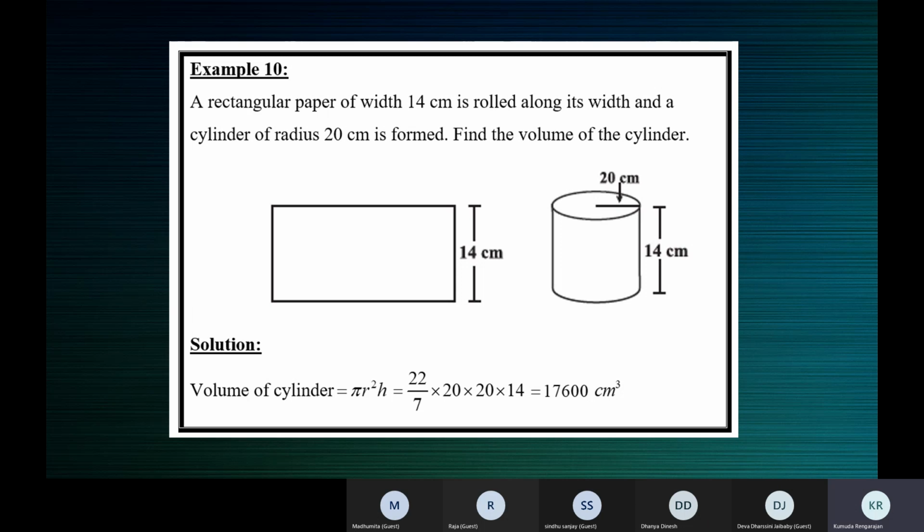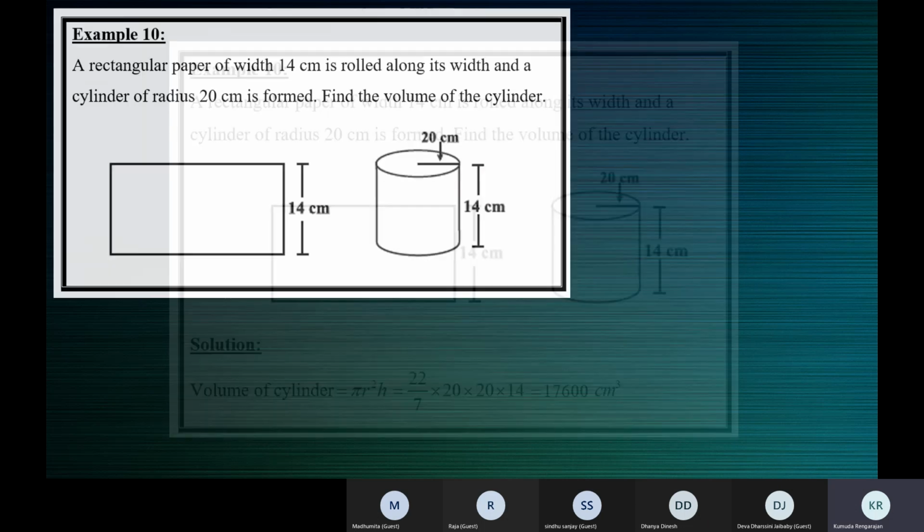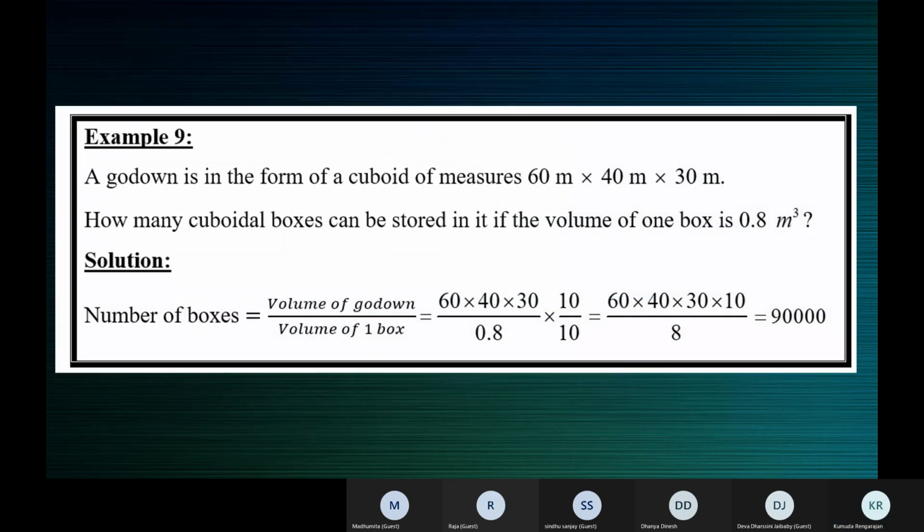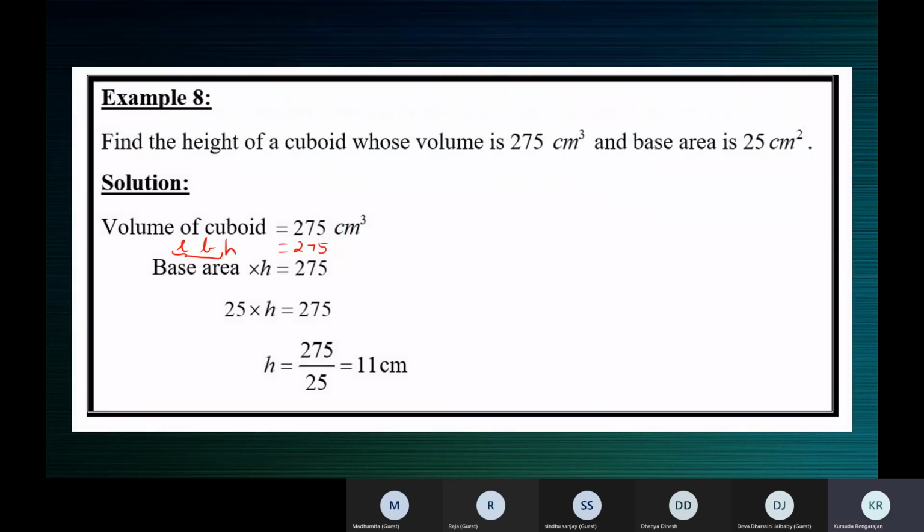Now I just want to share something else. Understand here. We said LBH is the volume of a cuboid, and what you see here is the area of the base into height. So volume is base area into height, or area of base into height.